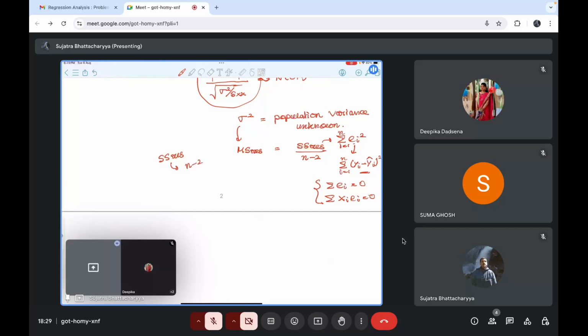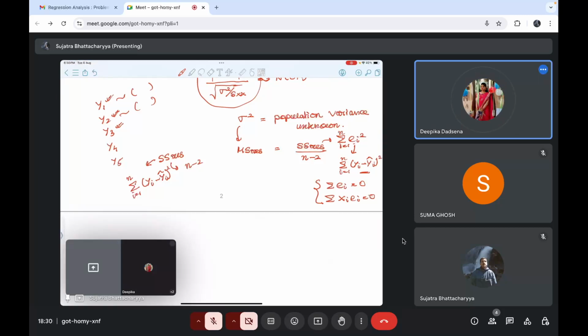The SS residual is the summation, i equal to 1 to n, of yi minus yi hat whole square, so you have n independent terms to calculate. y1, y2, y3 are all independent samples. When you do experiments independently, you get this y1, this y2, this y3. These come from independent distributions. So it should have n degrees of freedom, but there are two constraints.